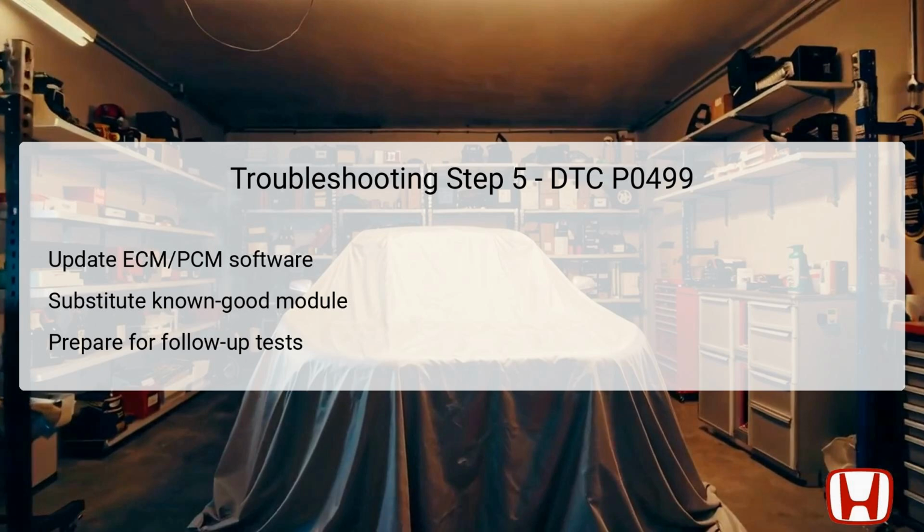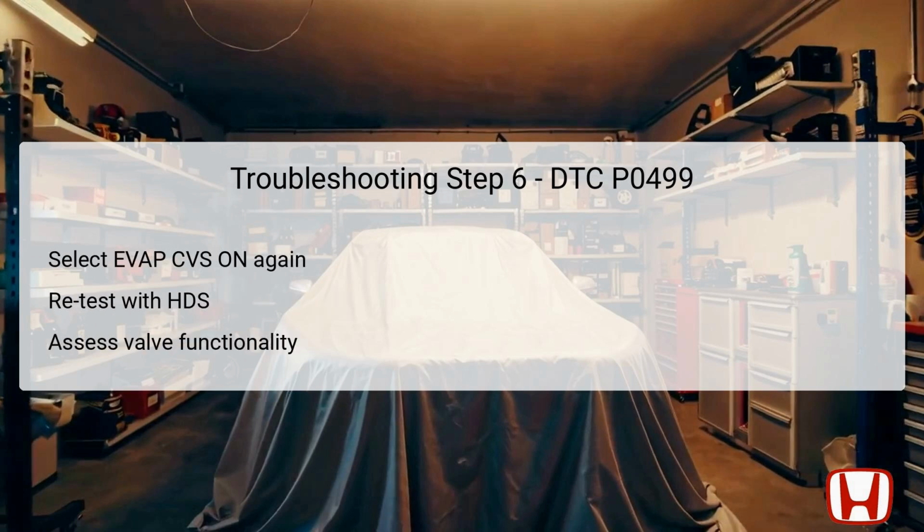Additionally, if the software is current and issues persist, substituting a known good ECM or PCM may become necessary. This step aims to confirm whether the module is functioning correctly, thereby ruling it out as the cause of the DTC P0499 error. Ensuring that the appropriate diagnostic criteria are met post-update is vital for a comprehensive evaluation.